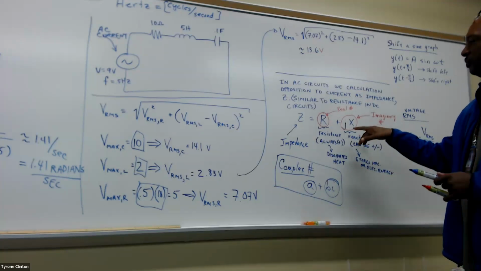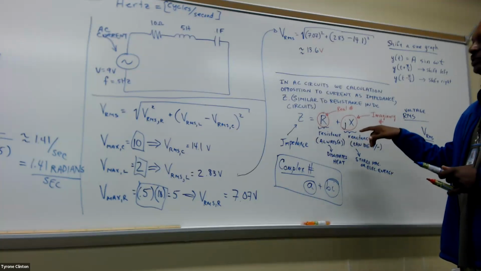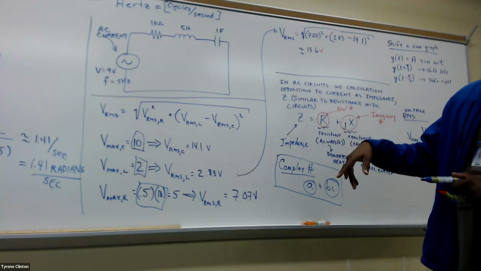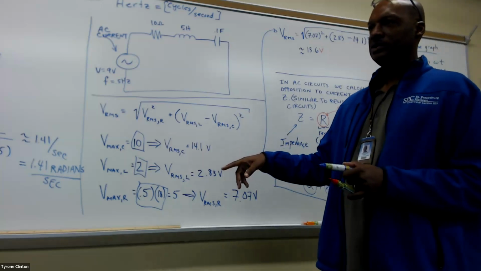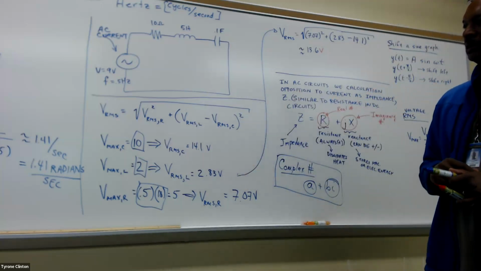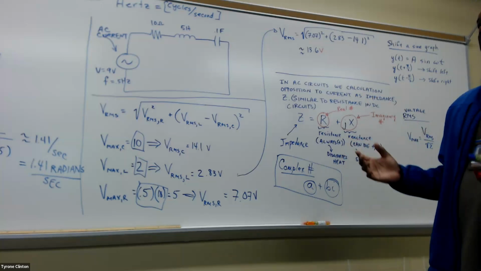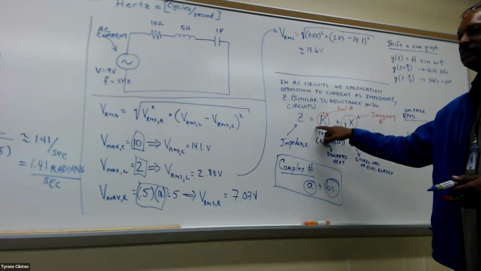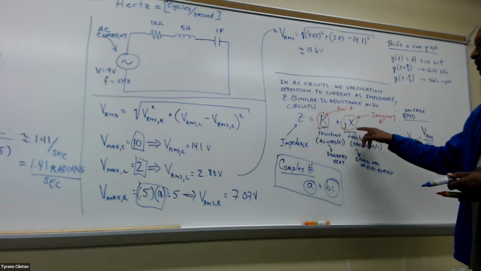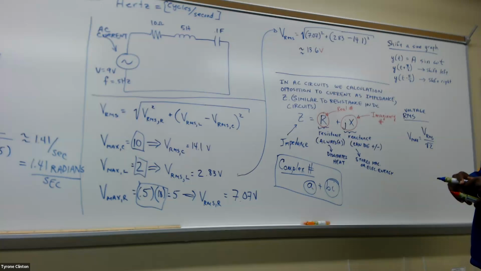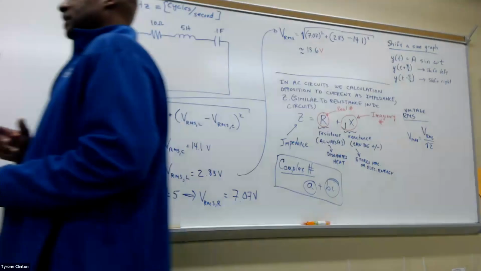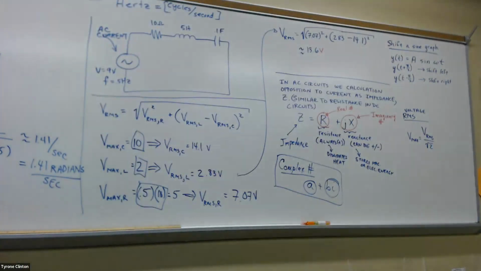So one of them is going to be reactance. So there is a reactance in the capacitor and the inductor. So the capacitor and the inductor, we're going to try and find its impedance. There may be some resistance associated with that, but the impedance is what we're going to be looking for later on. So just kind of think of reactance again as a part of our impedance term here.